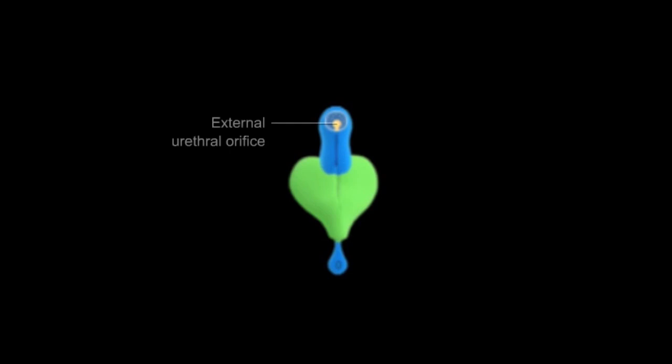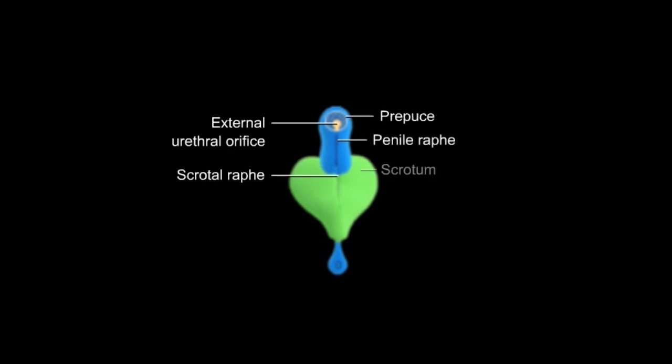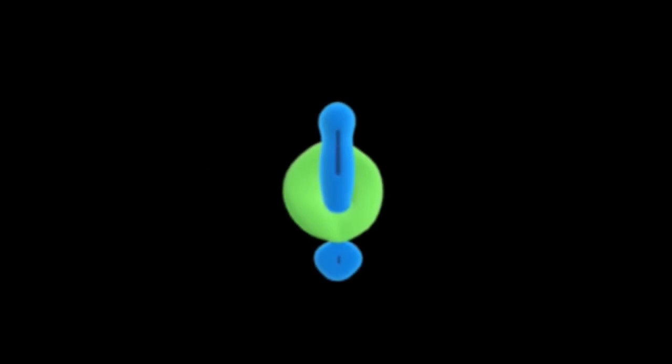In males, and under the influence of testosterone produced by the testicles, the genital tubercle forms the glans of the penis, while the urogenital folds fuse along the ventral surface of the penis to form the spongy urethra.